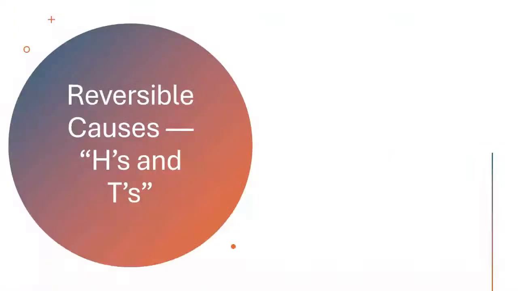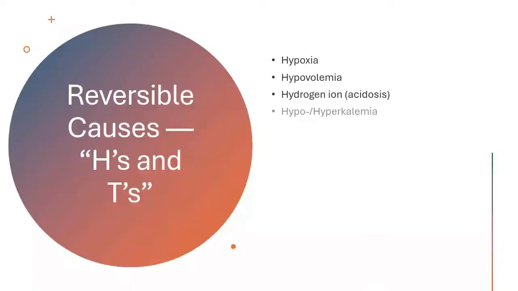All right, everybody's favorite topic, reversible causes. So the H's and T's. Sure, we all know those. Anybody want to volunteer the H's and T's? Hypoxia, hypovolemia, hydrogen ion or acidosis, hypo- and hyperkalemia, hypothermia.